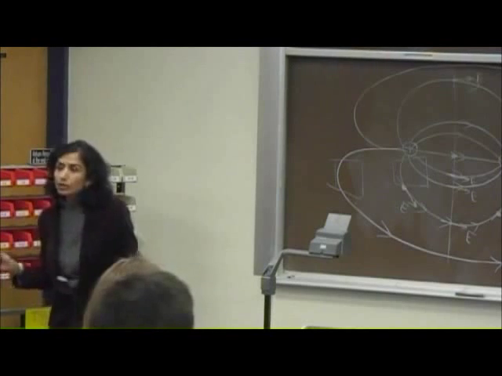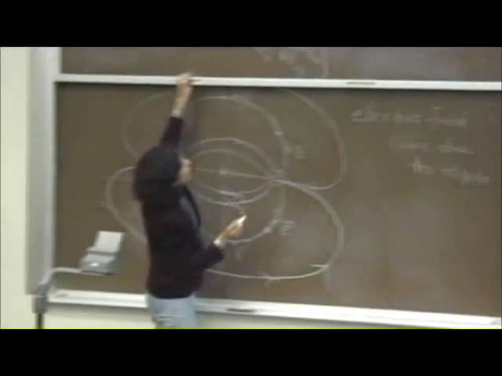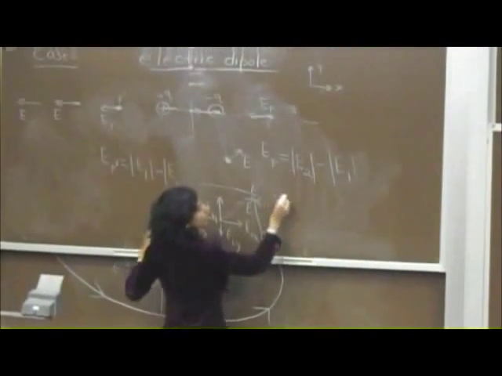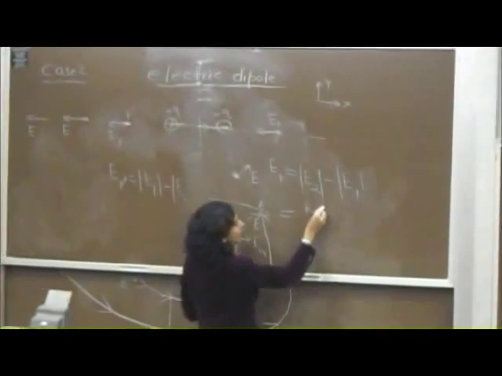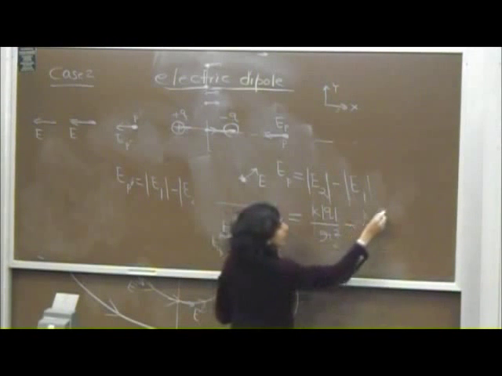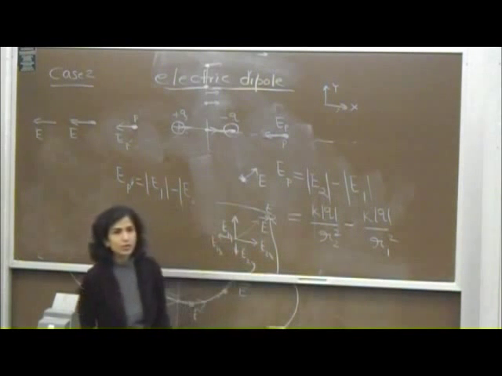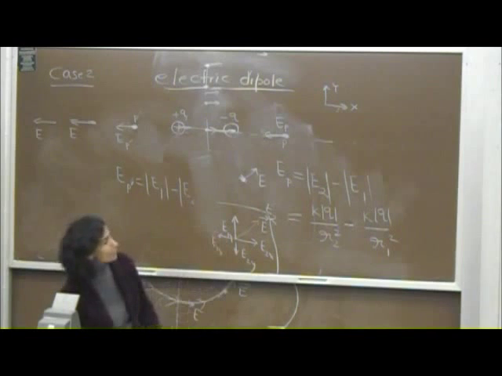What will you have to do? You literally will have to do a calculation like this. You have to say, okay, E2 will be KQ divided by R2 squared, E1 will be KQ divided by R1 squared, etc. Something like this. And that's how you will do it.